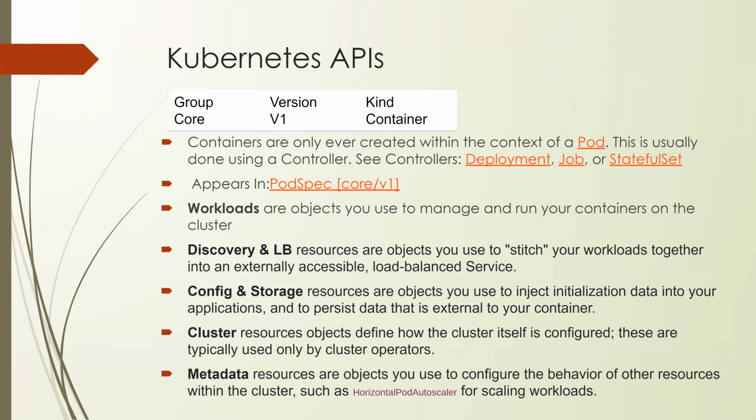All APIs will have some group, and the Kubernetes main one is called core, which has come from Google or legacy. There is a version V1, and the kind, every object is described through some kind, and this is a container kind.